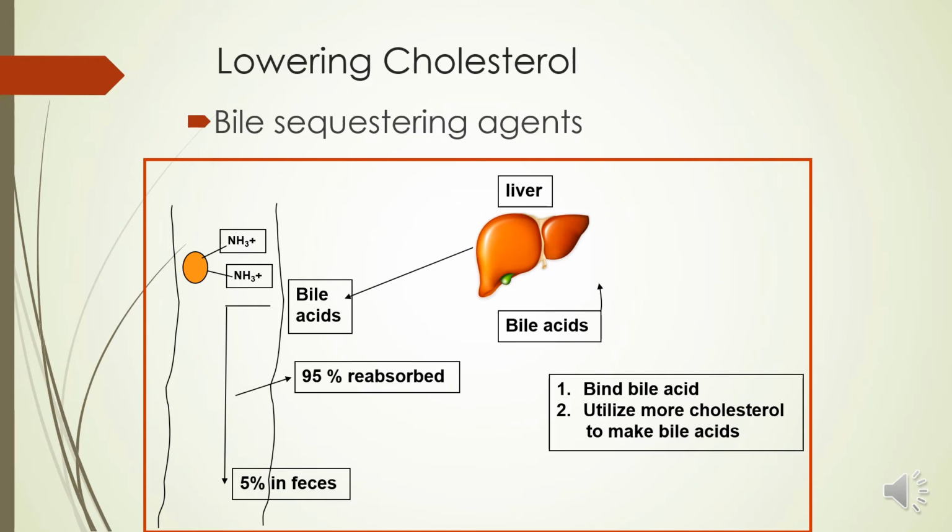So pharmacological intervention will block the recycling of bile acids and consequently force the liver cells to utilize more cholesterol in bile acid synthesis, and this will contribute to the lowering of cholesterol levels in blood.